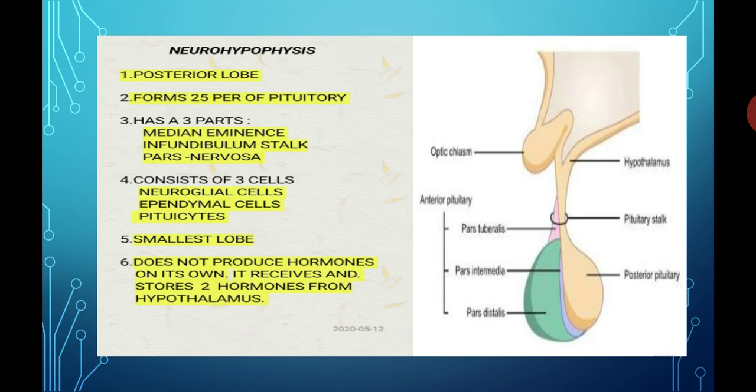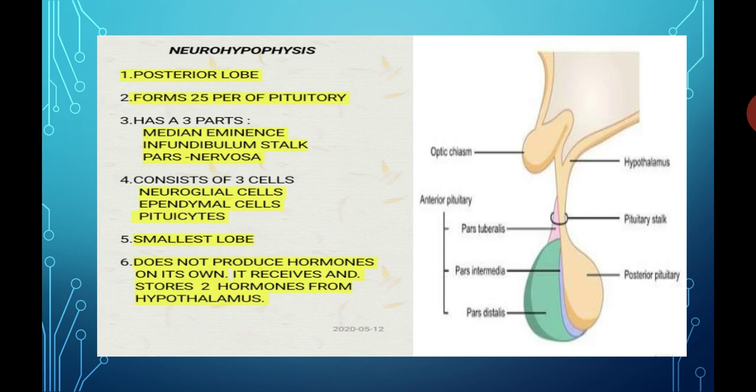Further, histologically, this lobe also consists of three types of cells: neurogilial cell, ependymal cell and pituicytes. Neurogilial cell, ependymal cell and pituicyte are the three cells of the neurohypophysis.